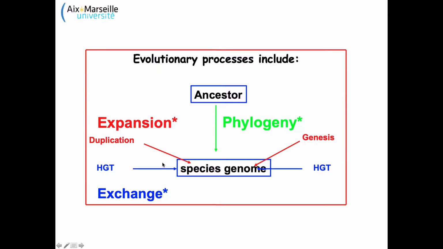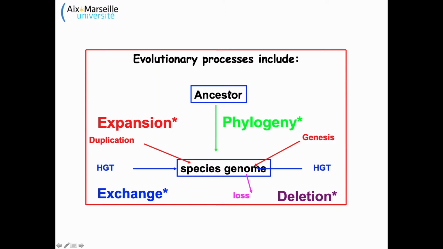You have several species living in the same environment, and during their time in that environment, they exchange. A gene moves from one species to another, and that process is called exchange. The abbreviation for that is HGT, for horizontal gene transfer. You will also hear lateral gene transfer. It is the same thing.